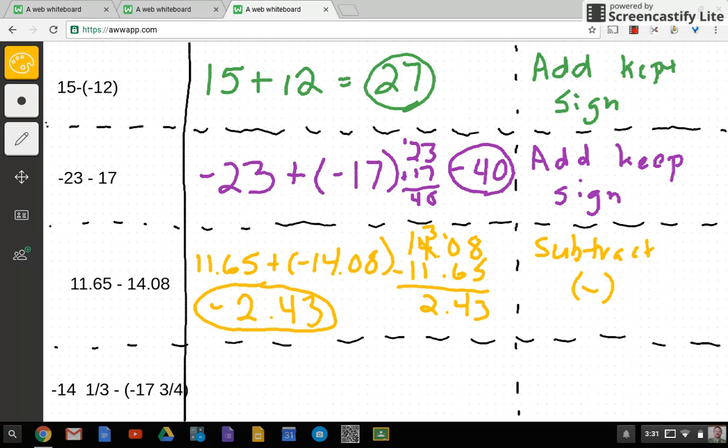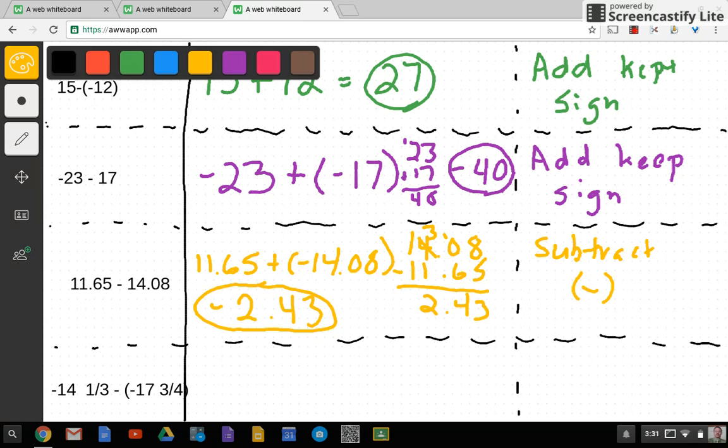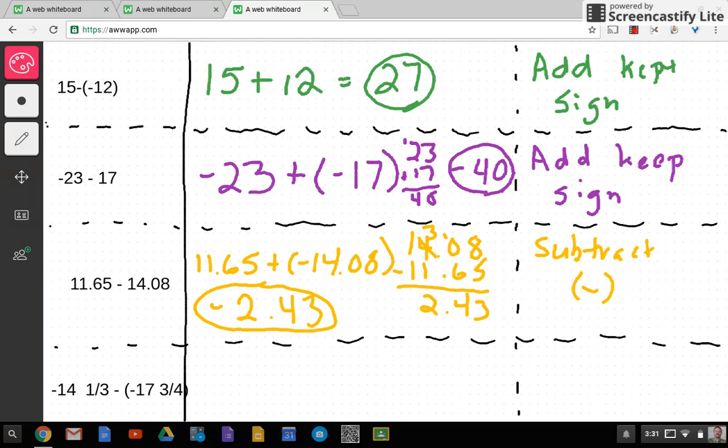Okay. My final problem down here that I've got to get done is negative 14 1/3 minus a negative 17 3/4. Okay, well, I'm going to change it to an addition problem. So that would be a negative 14 1/3 plus a positive 17 3/4.